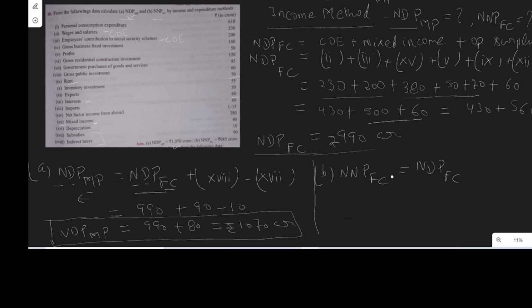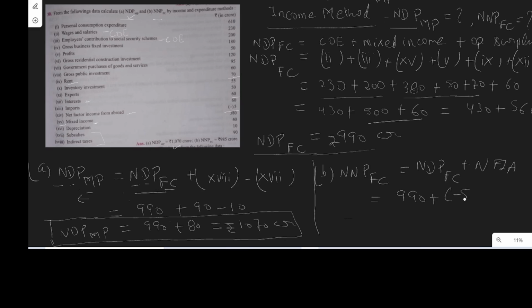Both are net also. Net, no change. Domestic to national, we will add net factor income from abroad. It is given here. Plus NFIA, or I can write number 14 also. Factor, no change. So only this was to be done. NDPFC is 990, and net factor income from abroad is -5.